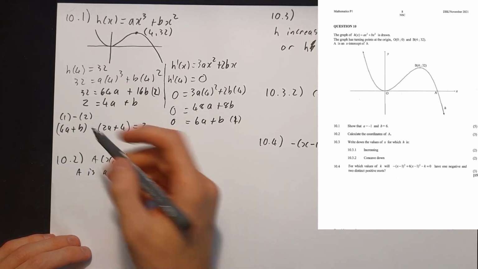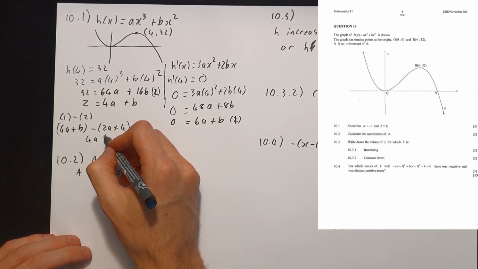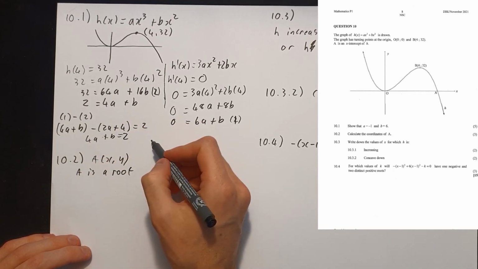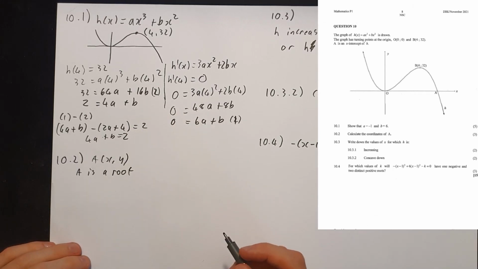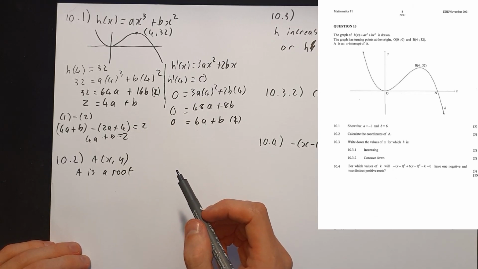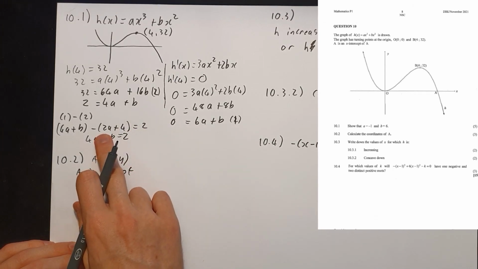Okay, what am I saying? What's going to cancel out here? That needs to be 4a over there.